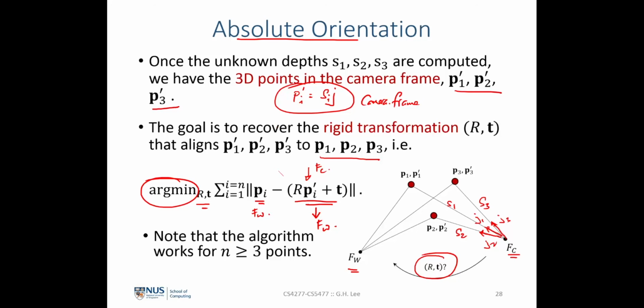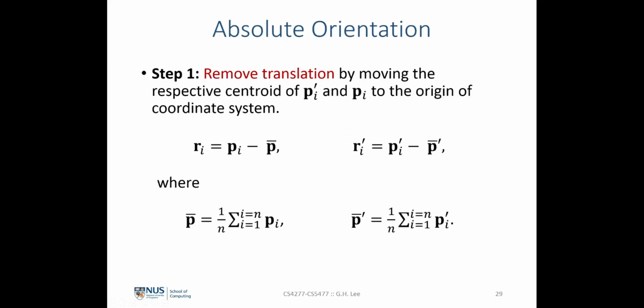Note that although Grunert's algorithm is developed for 3-point correspondences, the absolute orientation algorithm works for 3 or more point correspondences. The first step of the absolute orientation algorithm is to remove the translation between the two sets of points defined in the two different reference frames, P prime and P respectively.